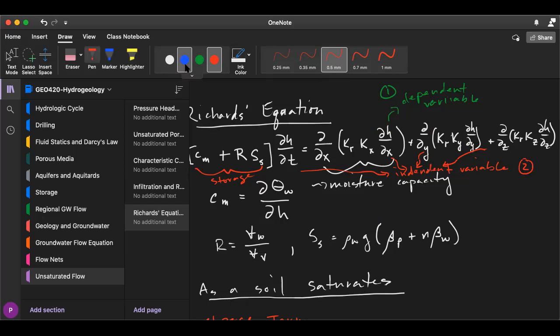And then the third piece here are what we call parameters. All of these are what we call parameters. These are properties of the system that control the response between the dependent variable and the independent variable.